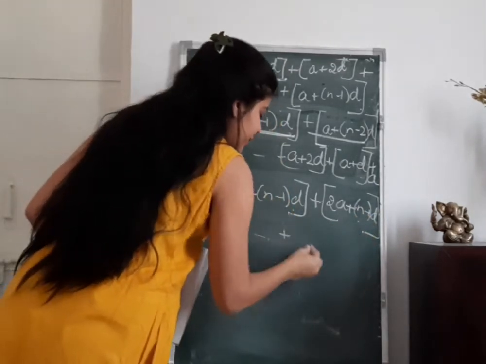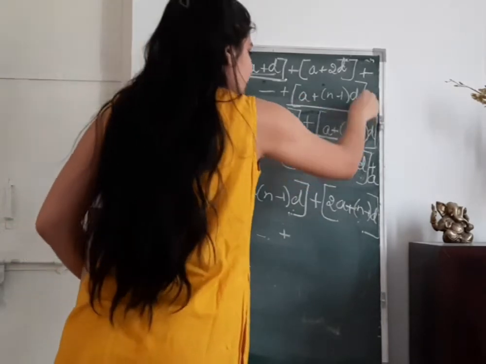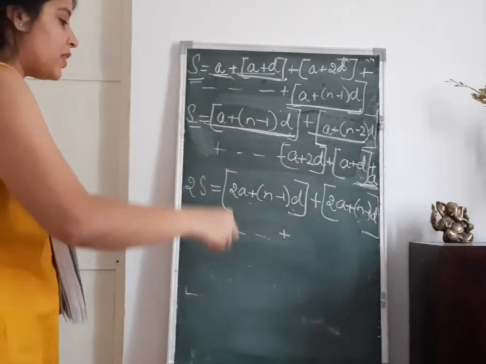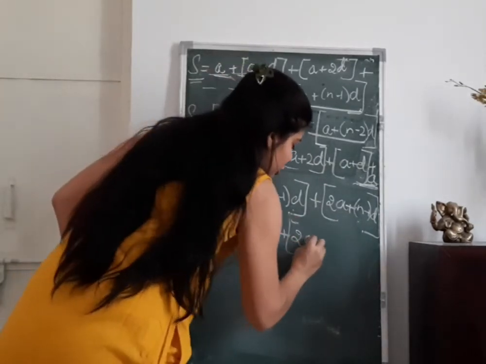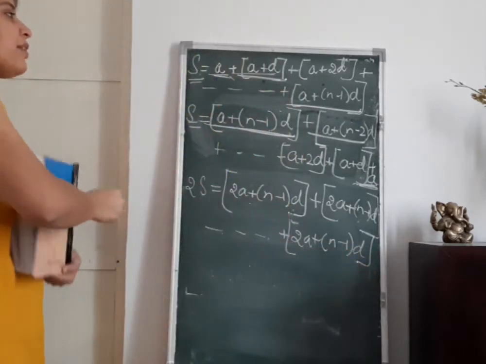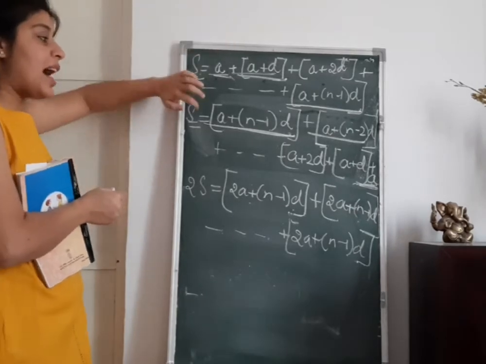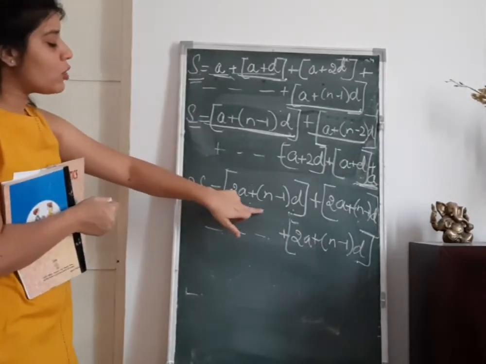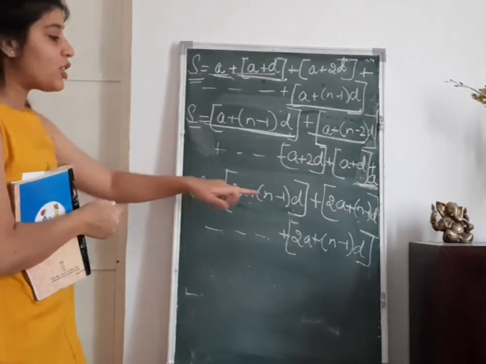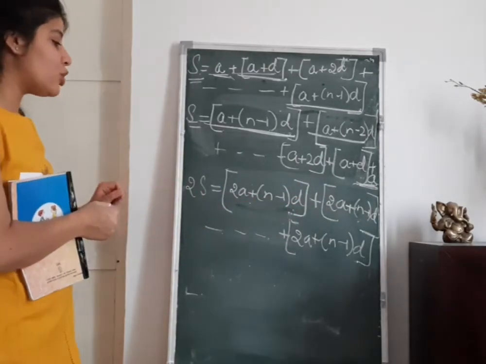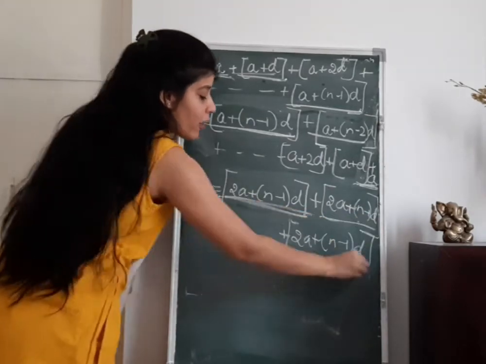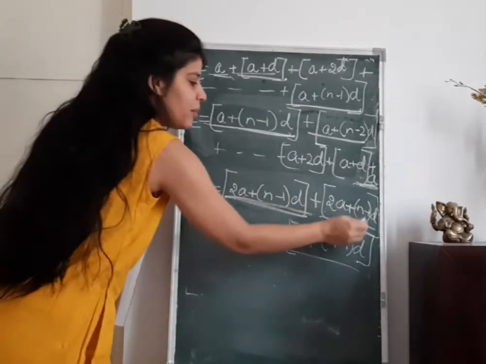In a similar manner, let's add the last term, that is An, with the last term of this reverse arithmetic progression. That will give me again 2A plus n minus 1 into D. So whenever you add the first term and last term of this arithmetic progression, it gives you 2A plus n minus 1 into D. The second term with the second last term again gives you 2A plus n minus 1 into D. So this is how we always get 2A plus n minus 1 into D, and how many times will this be repeated?